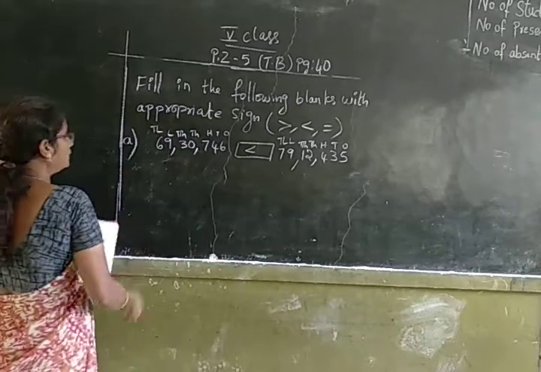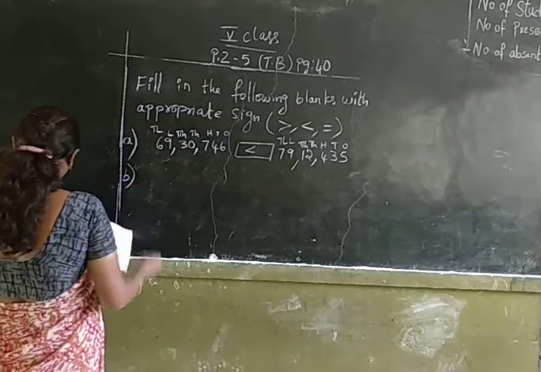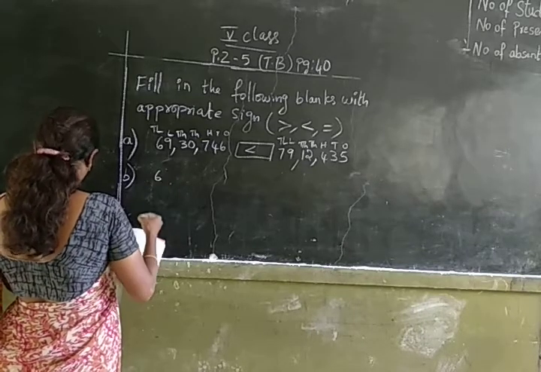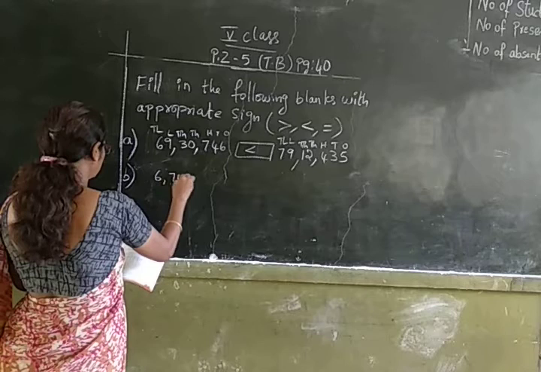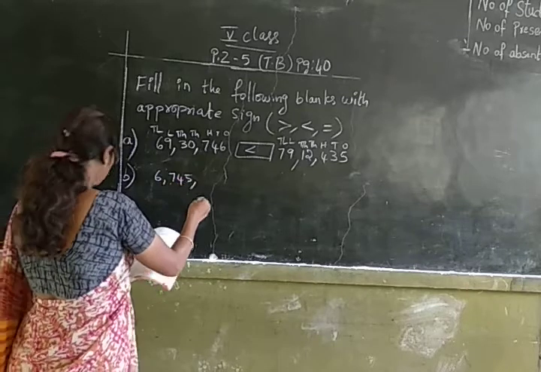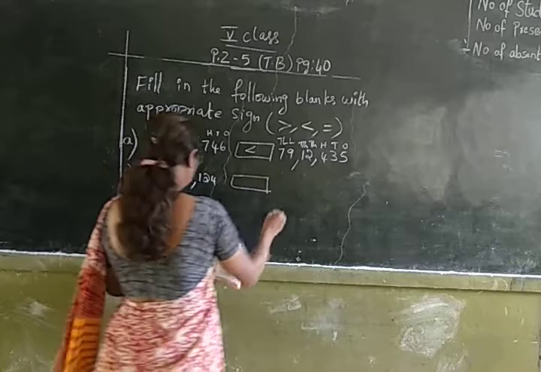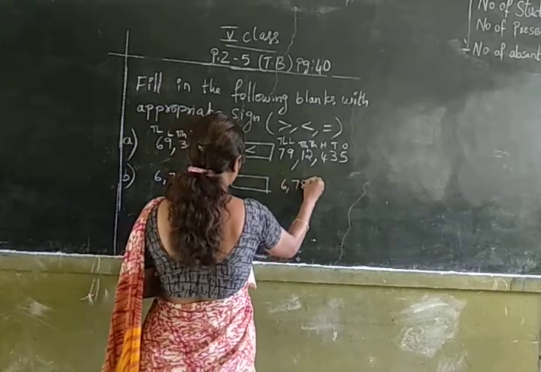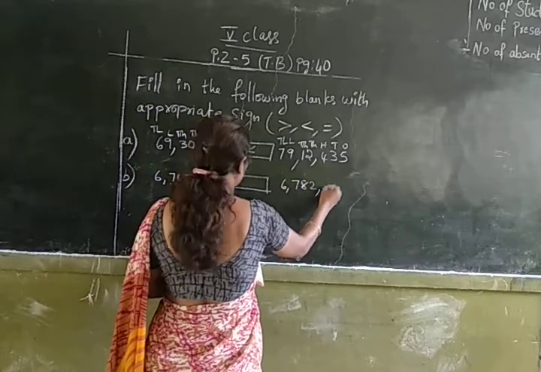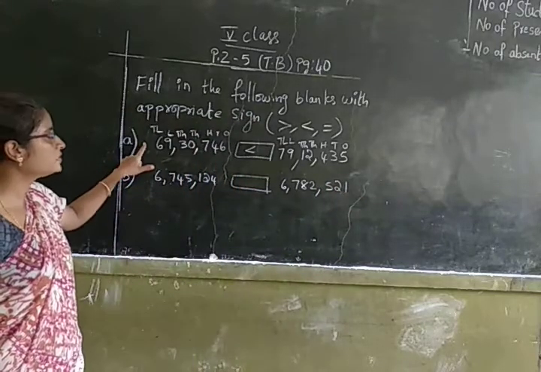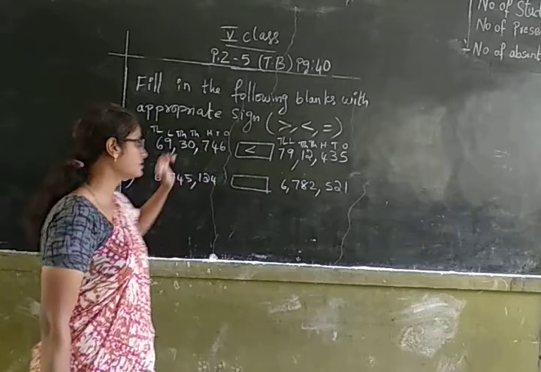Now let us do the B sum. Okay children, the previous two numbers were in Indian system.